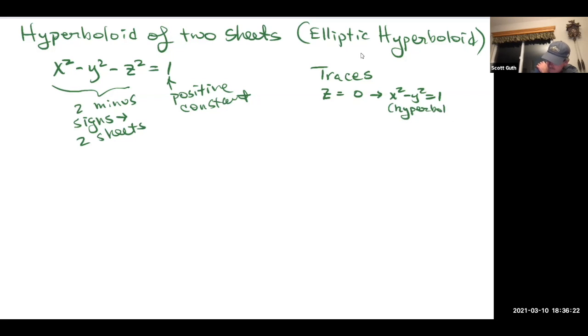Then if we do x equals 0, then you get negative y squared minus z squared equals 1.